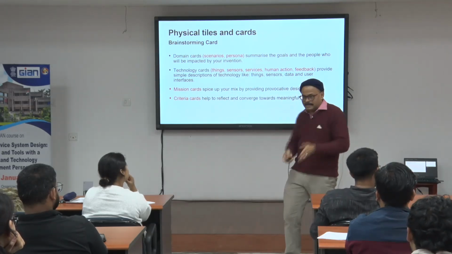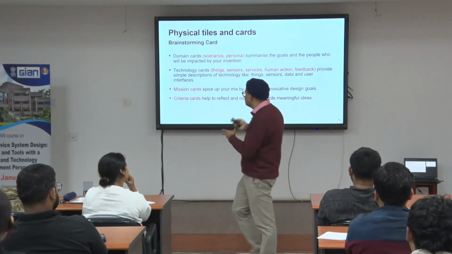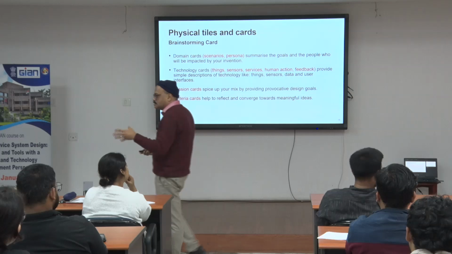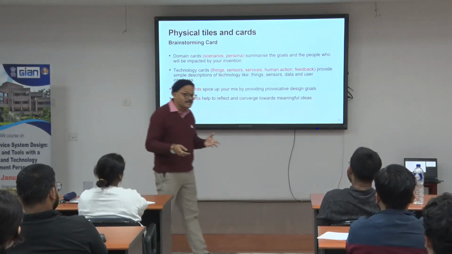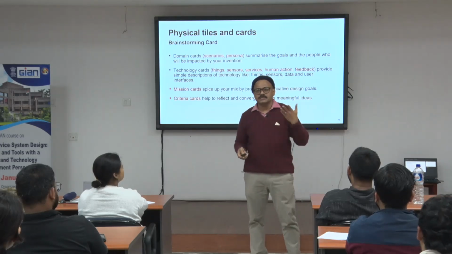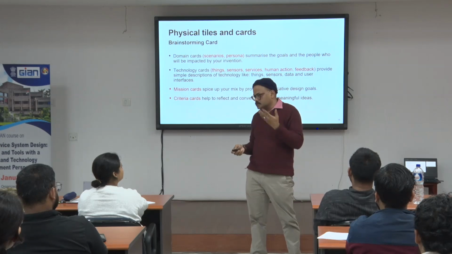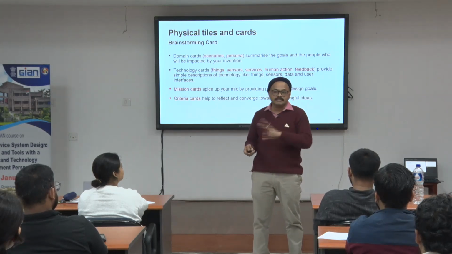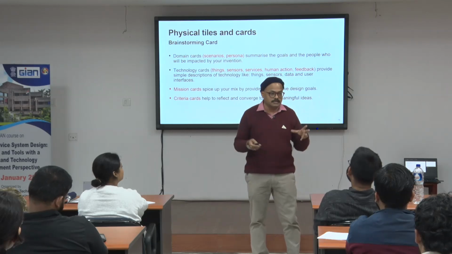So you very clearly talk about, okay, this is my mission criteria. These are the domain cards. These are the things cards that you have, and you have certain criteria cards. Like we have different design screening methods, like Stuart Pugh's design screening method, right? So these criteria cards are screening methods on the basis of which you are going to screen the concept.